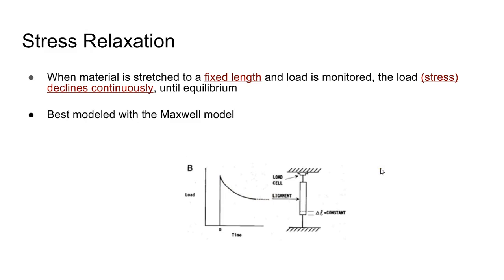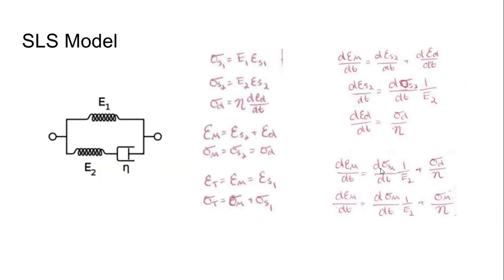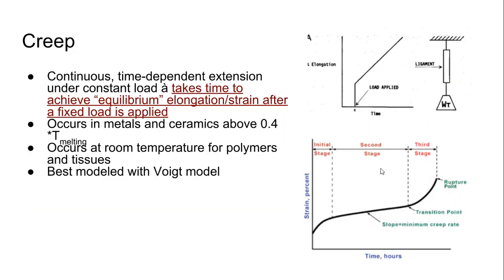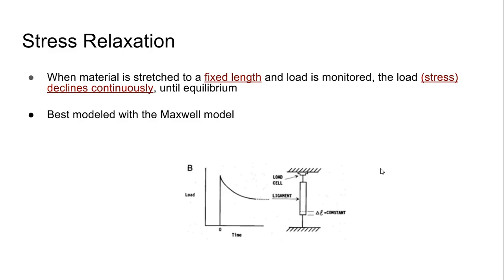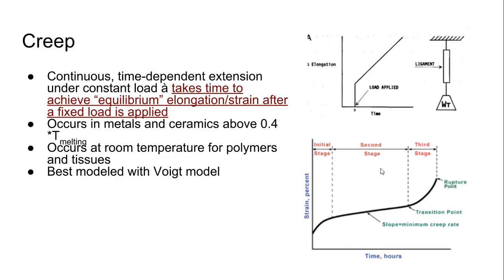So we have these 3 models, and when we look at these properties of creep and stress relaxation that are important in viscoelastic materials, you can best represent stress relaxation with the Maxwell model and creep with the Voigt model. I hope you find this video helpful, and thanks for tuning in.